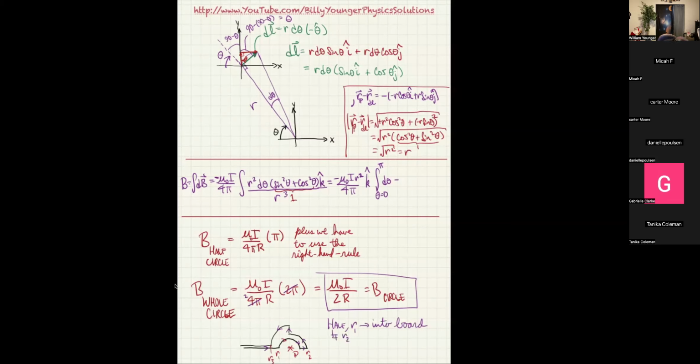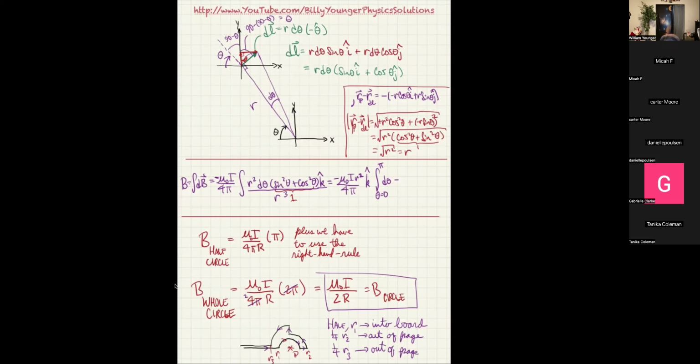But notice if you use the right hand rule on that one, that's coming out of the page. And then you also have a quarter at R3, and that one's also coming out of the page.